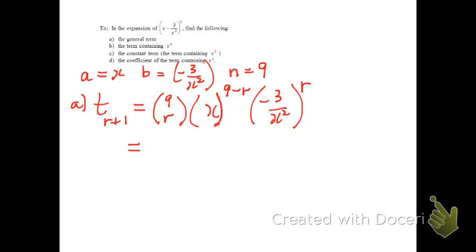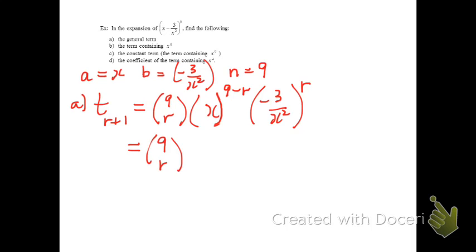So we need to clean this up a bit. And the reason we need to clean it up is, if you look at the next question where it says the term containing x to the power of 6, well, we have x terms in both a and b, so we have to clean this up and expand it so that we get everything that has x to the power of 6 in it in one term.